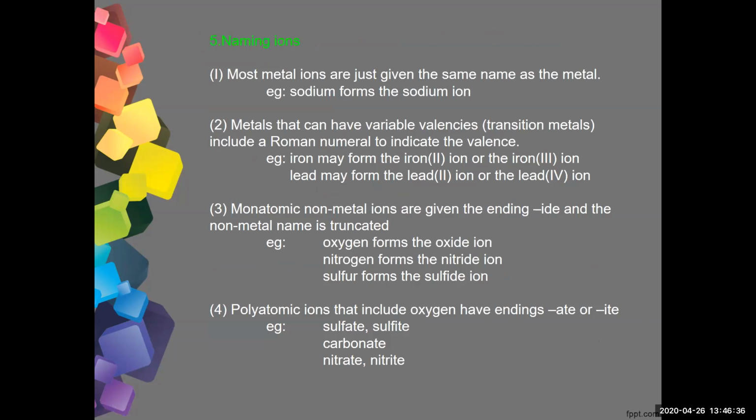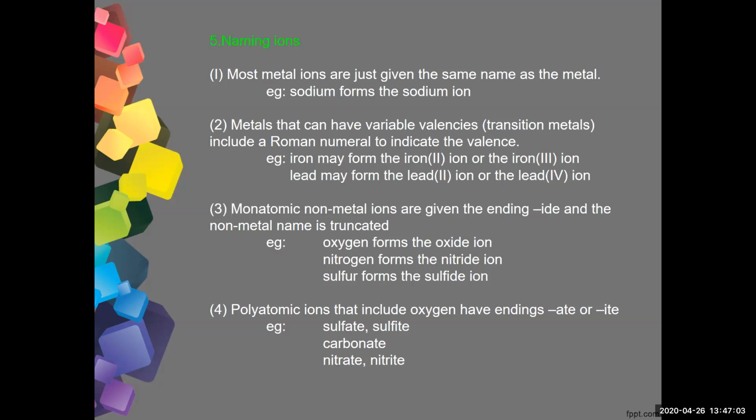But we have a Roman numeral that tells us what the valence is. So when we name those, we include a Roman numeral. So if we're looking at iron, it can make the iron 2 ion or the iron 3 ion. Lead can make lead 2 or lead 4. In fact, many of the transition metals can have 6 or 7 different valences.